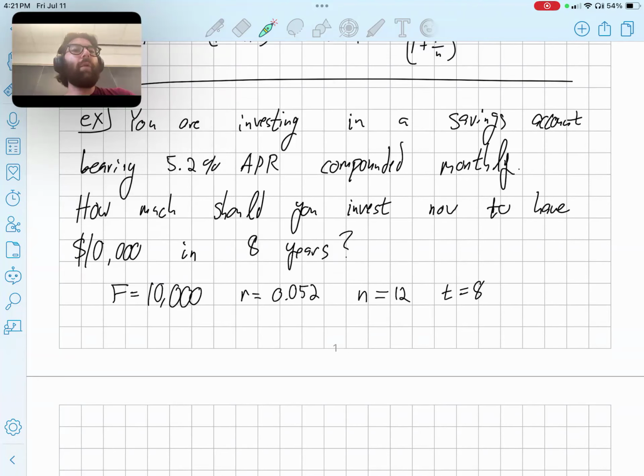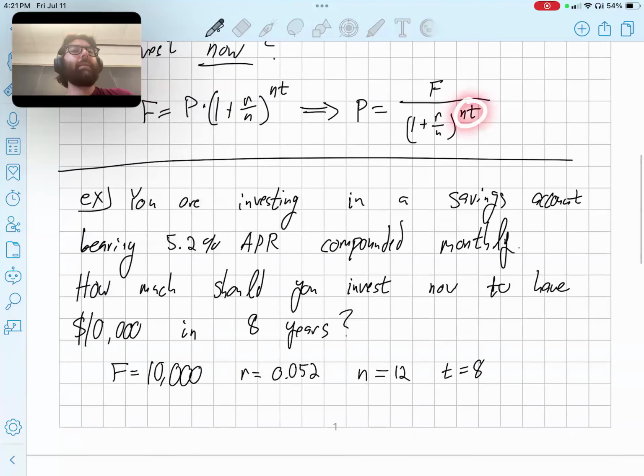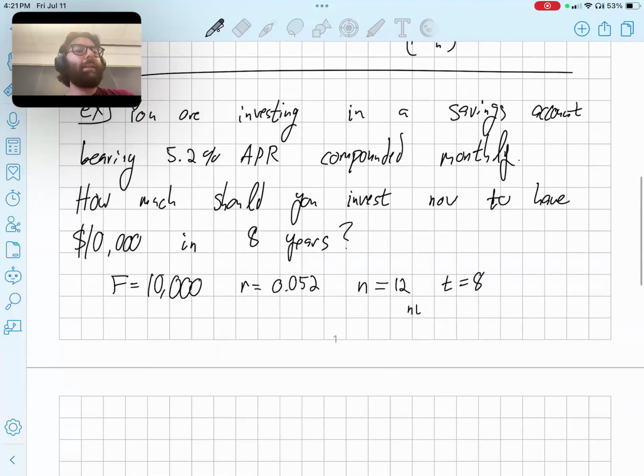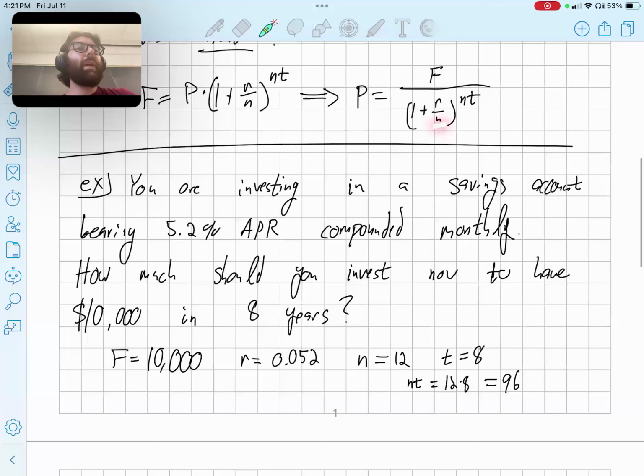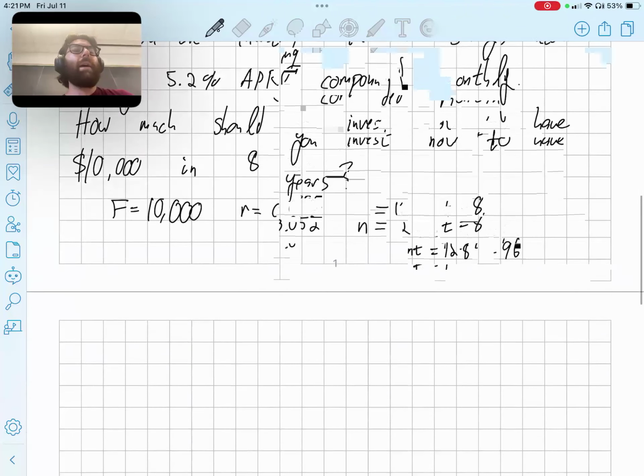So we know we're going to have to do this NT. So I'll compute it now. NT equals 12 times 8, which is 96. And so again, I'm going to work from the inside out. I'm going to compute this term first, and we'll just divide F by that.